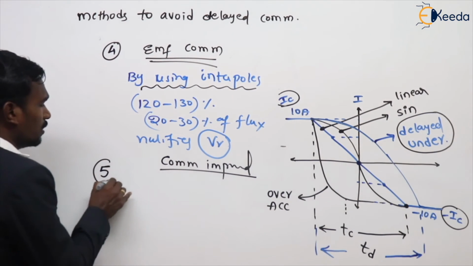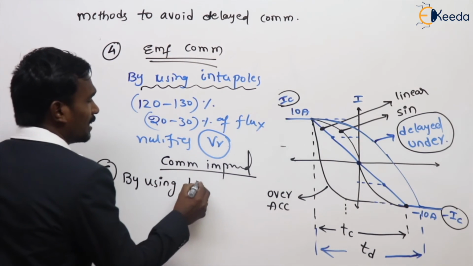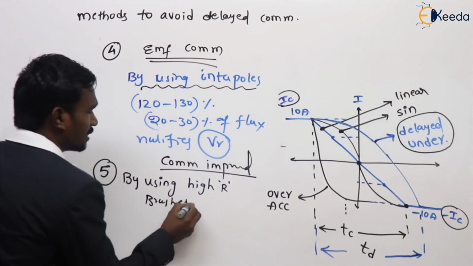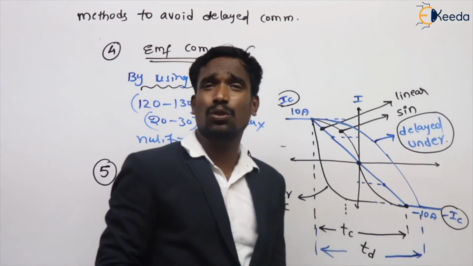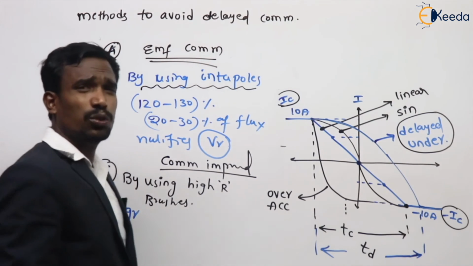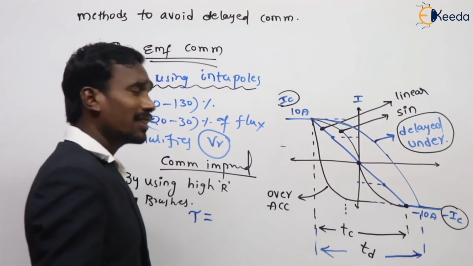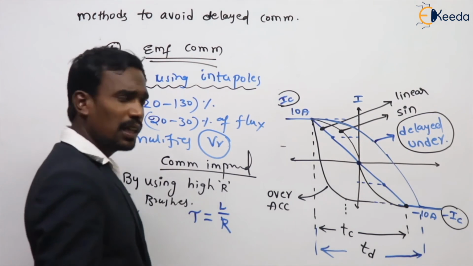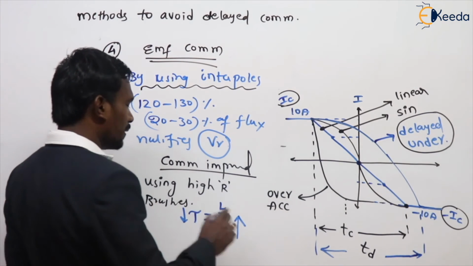And next, the fifth one, by using high resistive brushes, we can avoid this delayed commutation. Sir, how is it possible by using high resistive brushes? For example, if you are using carbon or graphite high resistive brushes, then the time constant of the RL circuit is L by R. If the resistance of the brushes is increased, then automatically the time constant decreases.